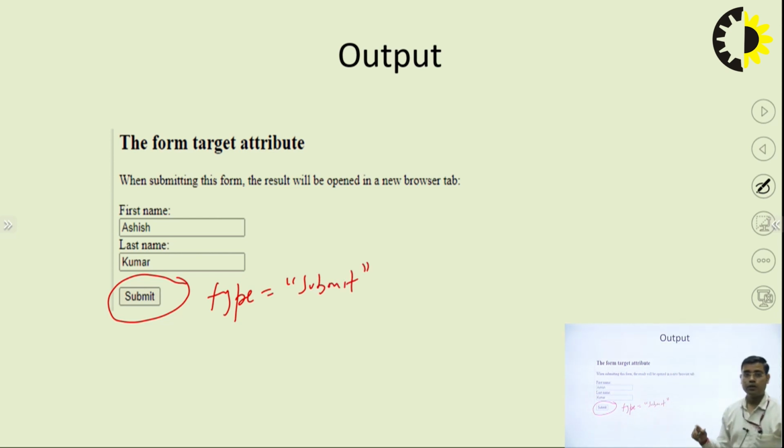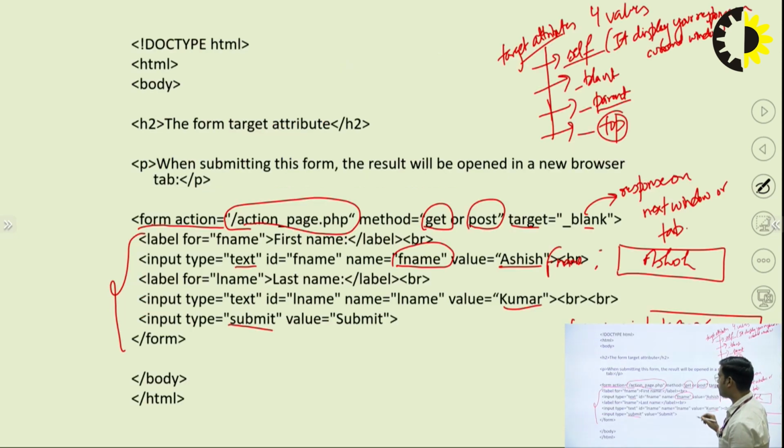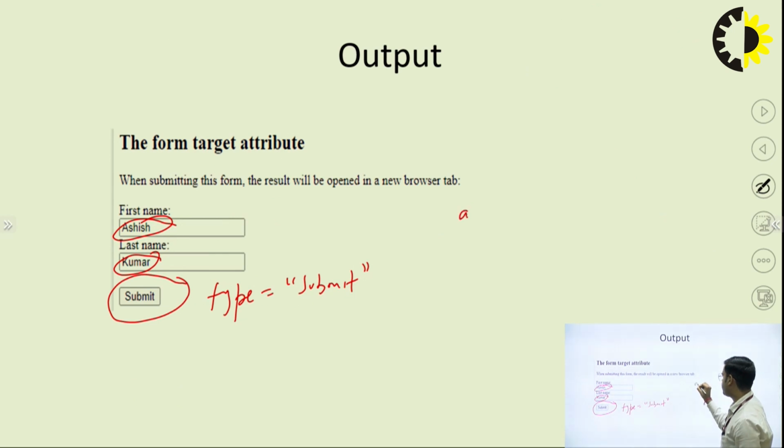Okay, so when you click on the submit button, that data, Ashish and Kumar, is sent to the server. What is the name of your backend server page? action.php.